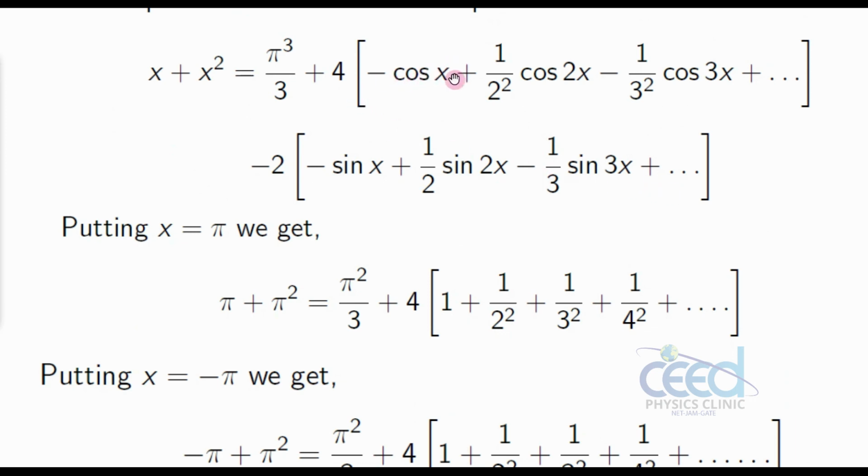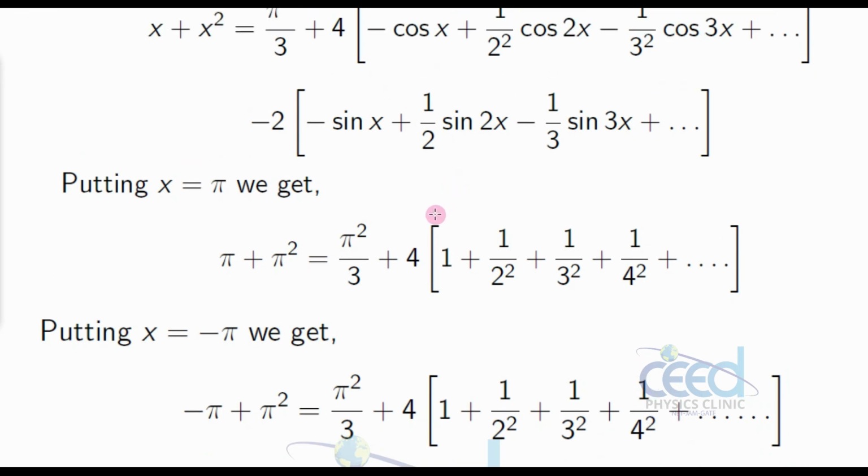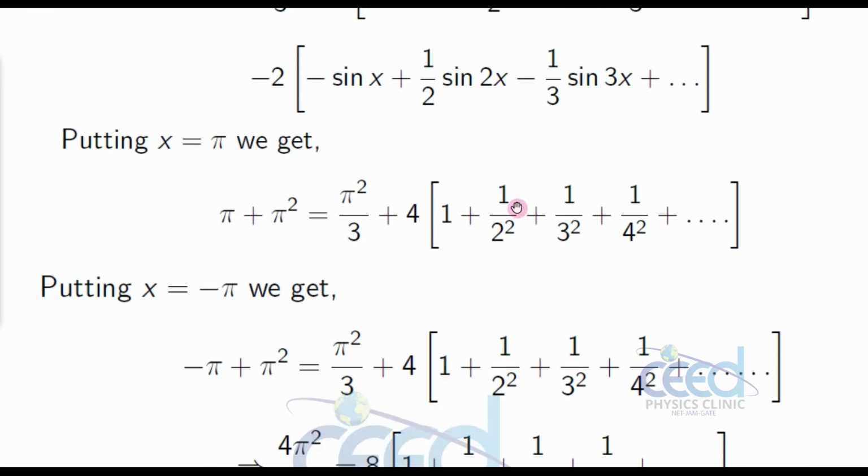And cos of -θ is cos θ, so we get the same expansion. There is no change: cos nπ and cos(-nπ) have the same value. So 1 + 1/2² + 1/3² + 1/4².